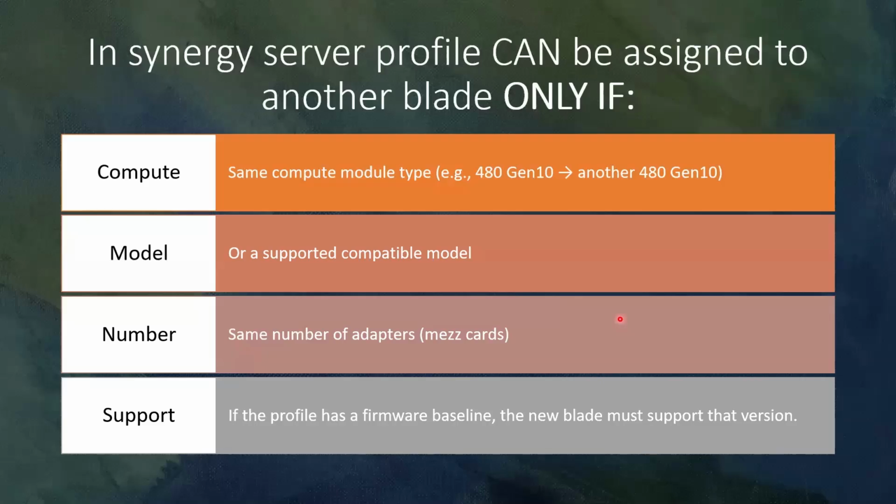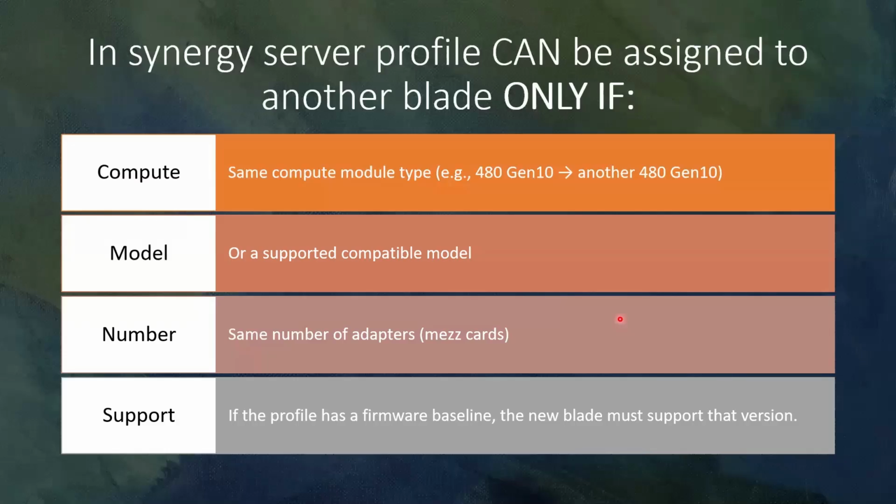If I apply the same profile to the other blade, that blade should be able to support that firmware. That is possible if you are using the same model and the same type. In that case, it can be easily applied. If you are applying it to a different model or type, then it will not get applied.